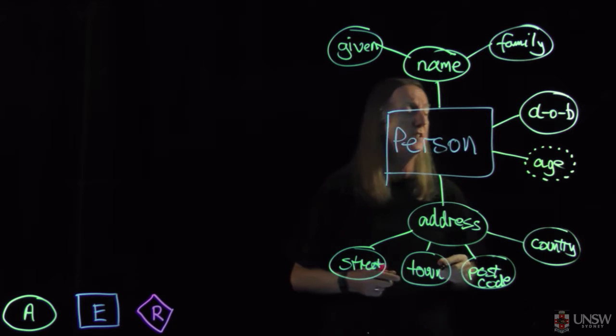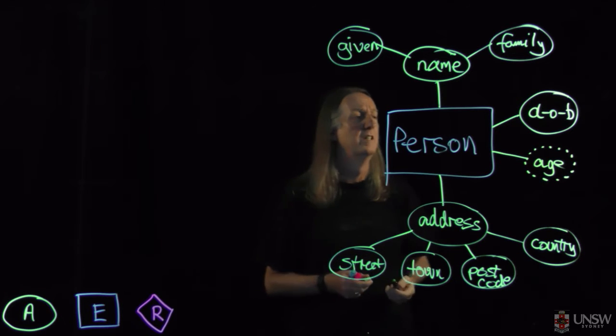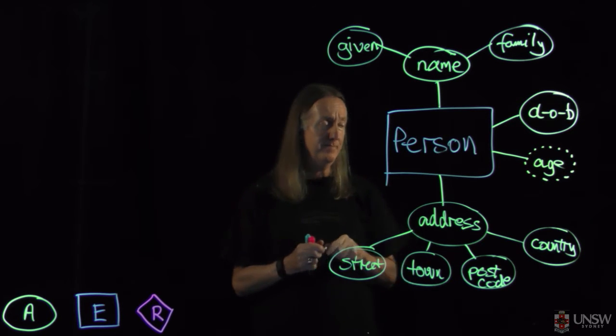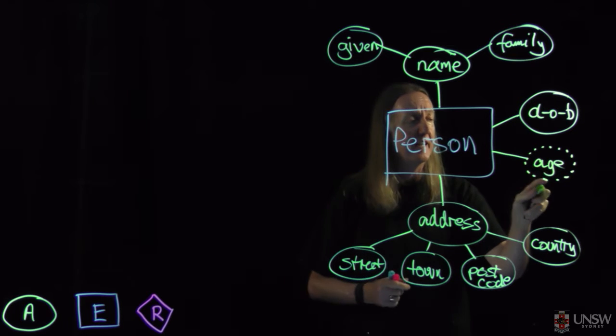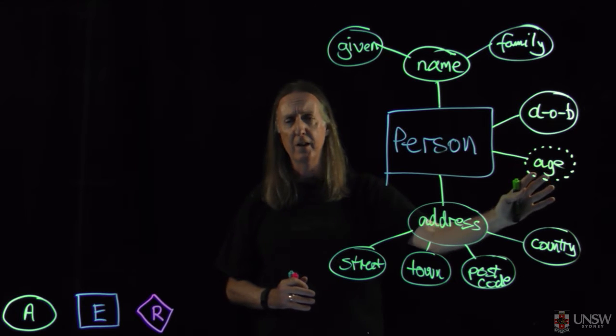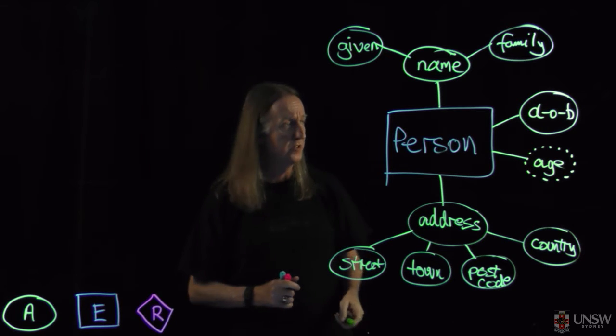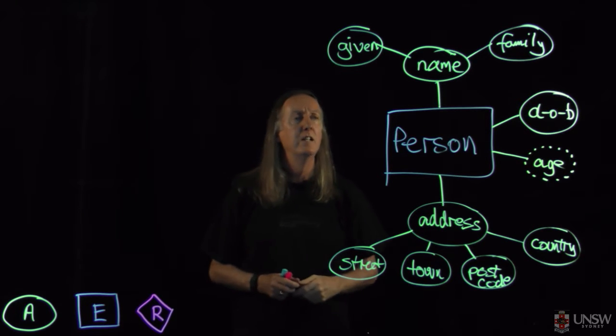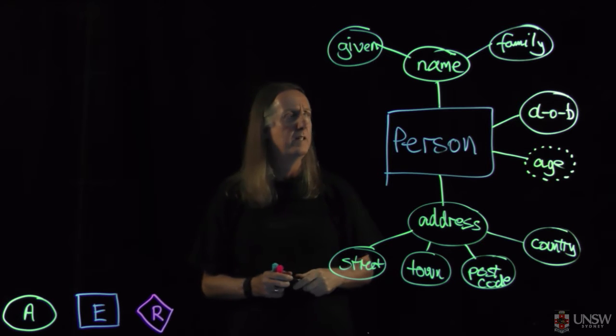Okay, so a dotted attribute oval gives you the age. So once again, this is saying that age is a derived attribute. At this stage, we don't actually say what it's derived from, but it's pretty obvious that it's going to be derived from the date of birth.